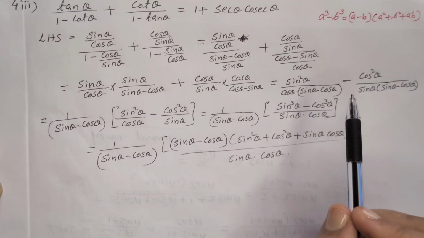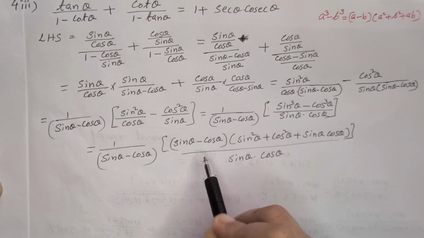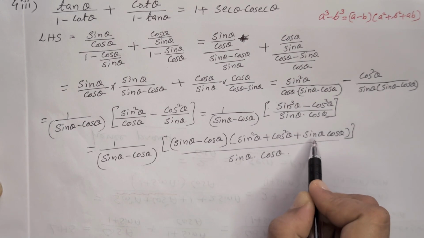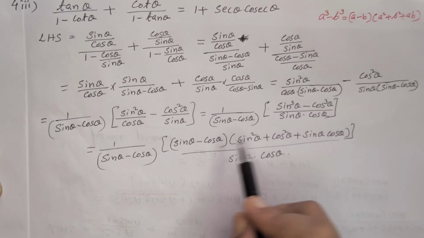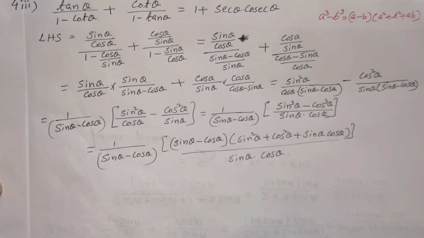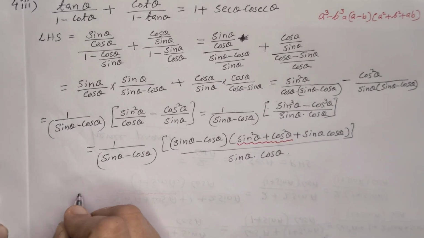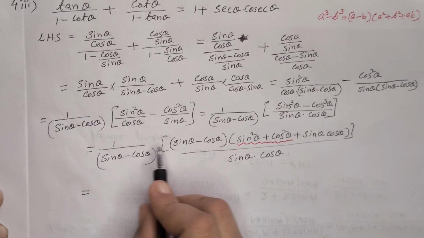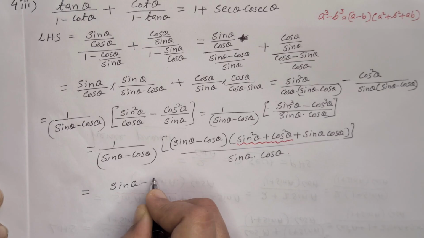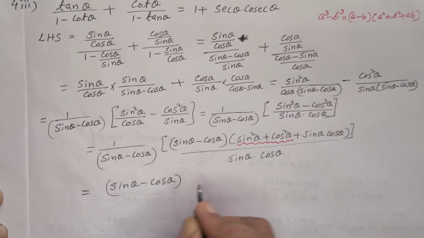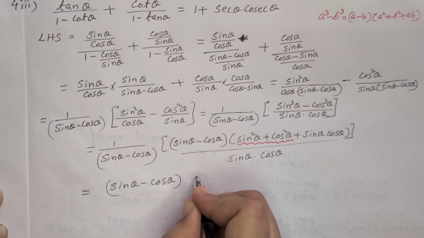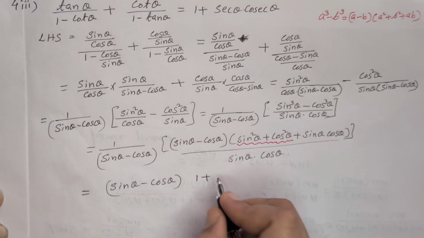Now when we apply the identity, we can rewrite that as (a − b) into (a² + b² + ab) by the same denominator, in place of a sin θ and b as cos θ. This we can rewrite as the numerator here 1 into the entire thing, that you can write as (sin θ − cos θ). Here sin²θ + cos²θ is equal to 1. So in the second bracket we can rewrite that as 1 + sin θ cos θ.